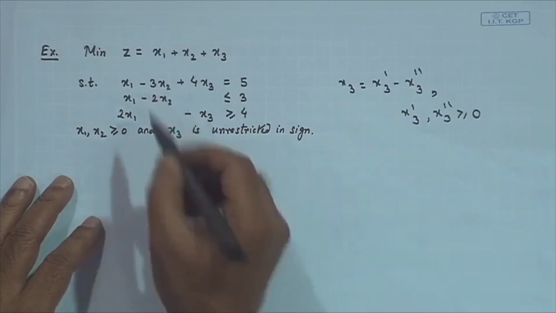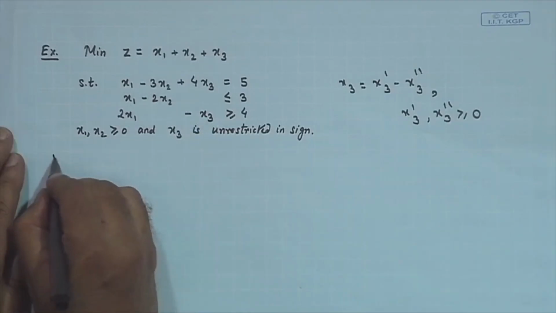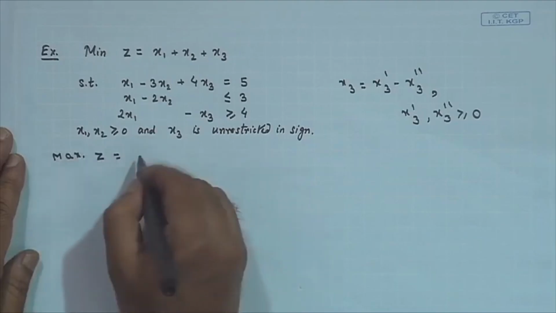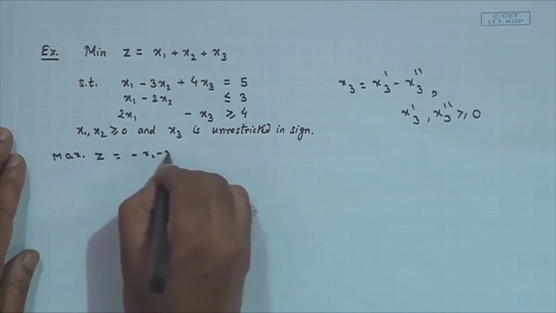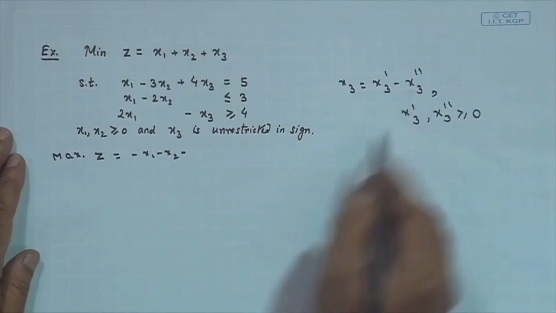So this problem, first we are writing into the canonical form, that is maximize z equals minus x1 minus x2 minus x3 dash minus x3 double dash.